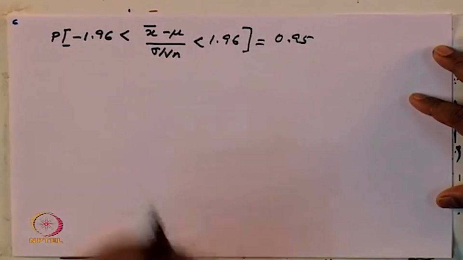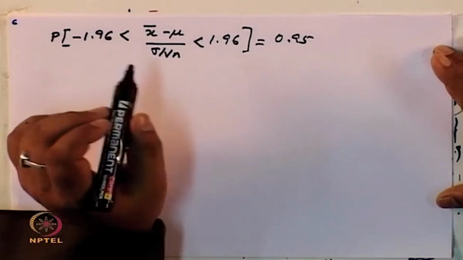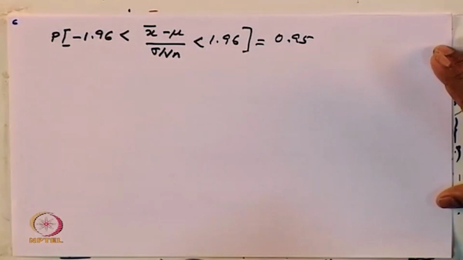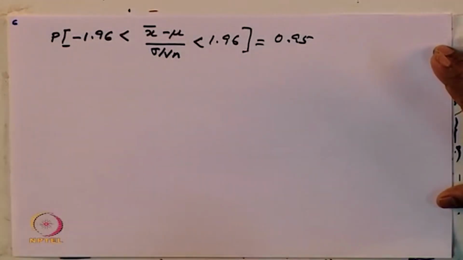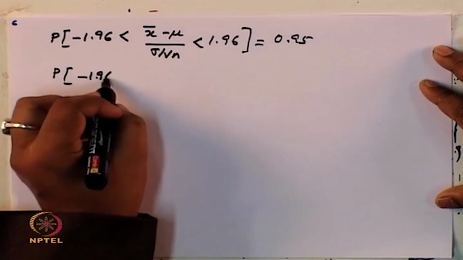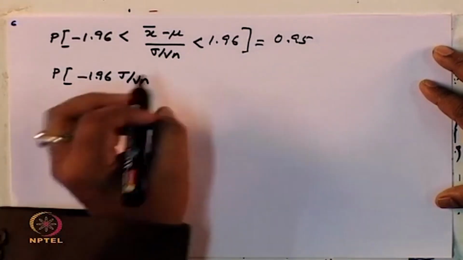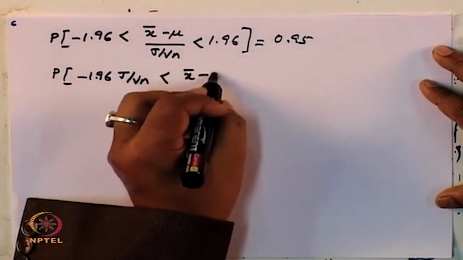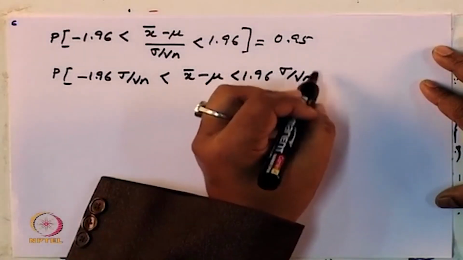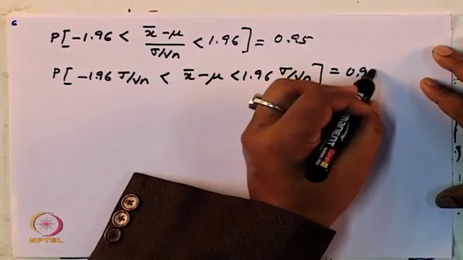This is what it means to have a 95% chance that your estimate is going to be within two standard deviations. So, I can rewrite this equation. I can multiply by sigma by root n. I can write the absolute value of x bar minus mu less than 1.96 sigma by root n, and the probability is 0.95.